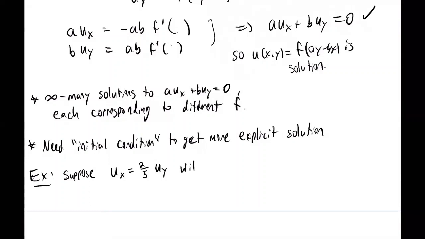And suppose that we also know that if y is equal to 0, my function u has to equal e to the x. This is what we would call an initial condition. Remember, we saw in the last lecture that it has to be a function, not a number. In general, the initial conditions for PDEs will be functions.